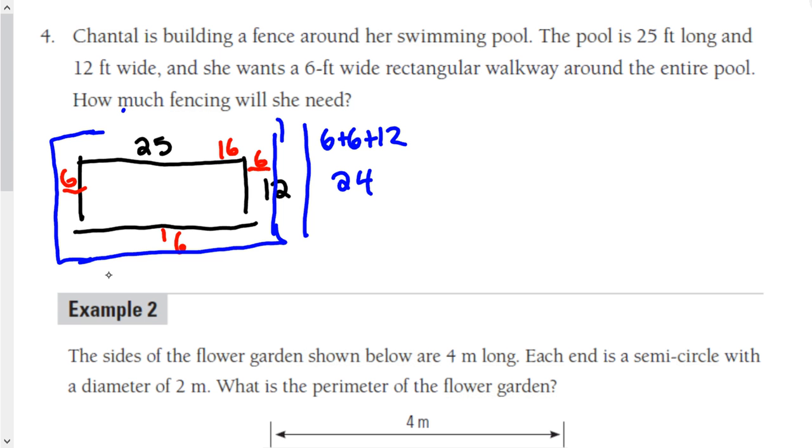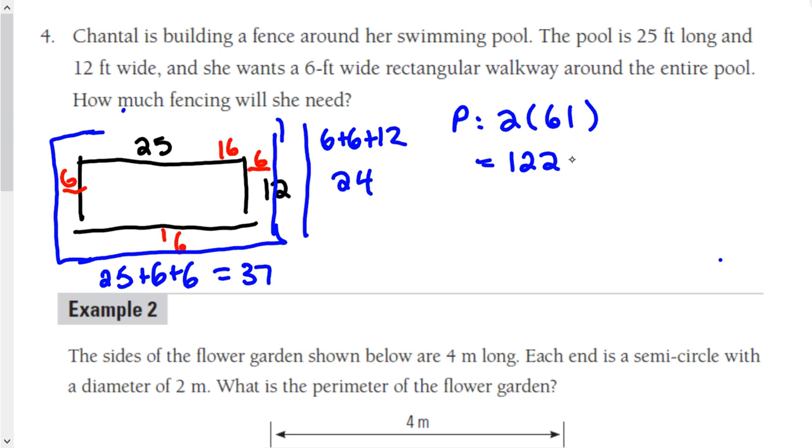And this side is 25 plus 6 plus 6, which gives us 37. So then it just becomes perimeter is equal to 2(24 plus 37), 61. Multiply that by 2, which gives us 122 feet. This is in feet.